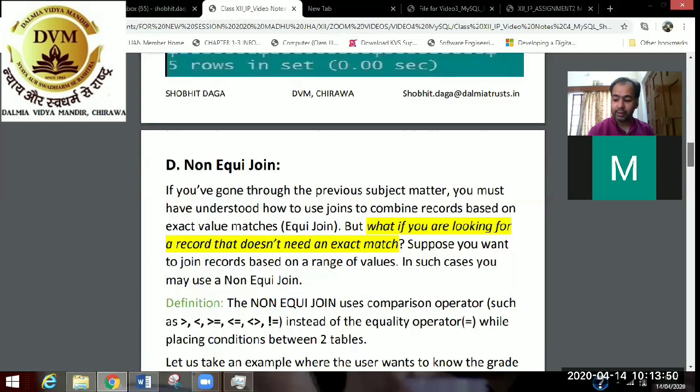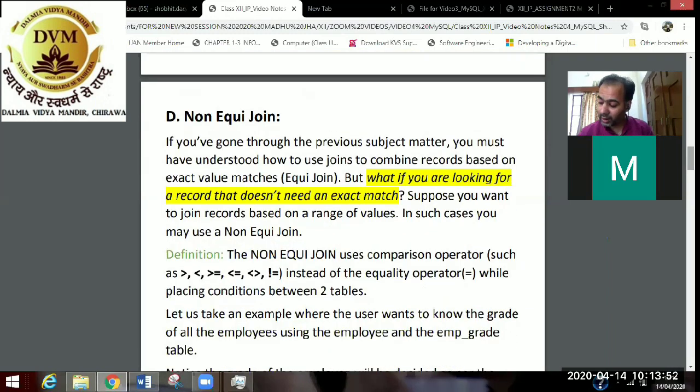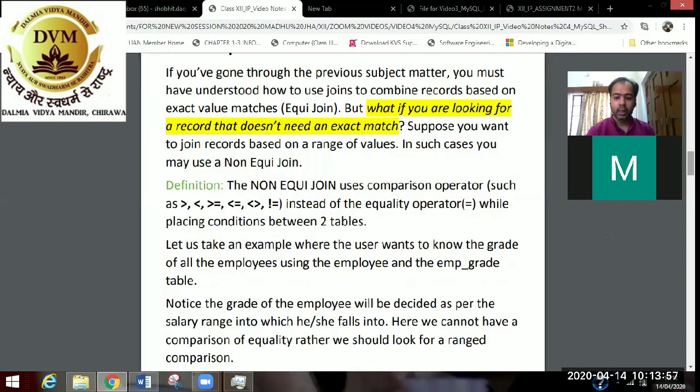So, starting with non-equi joins, let us see why we would need it. We will need it when the records in two tables do not match exactly. What does this mean?